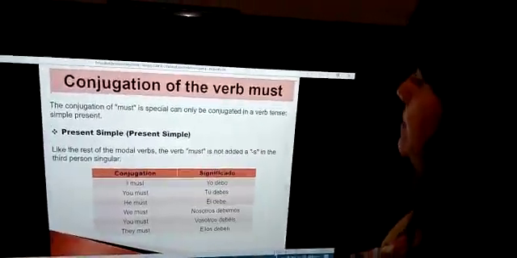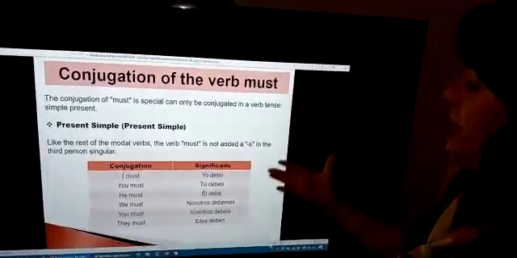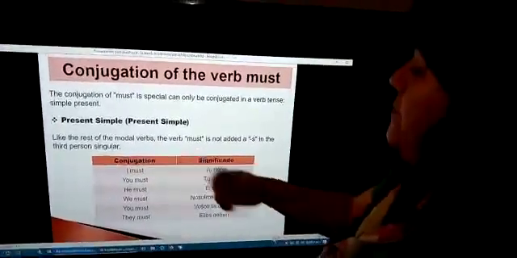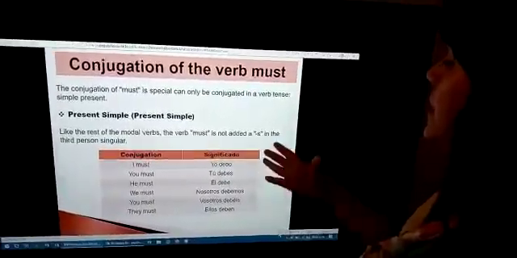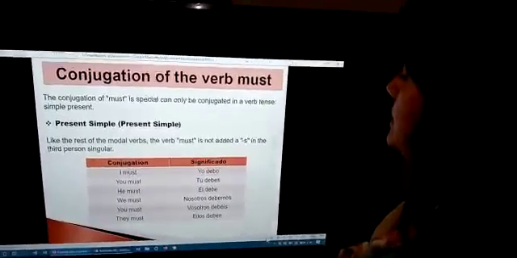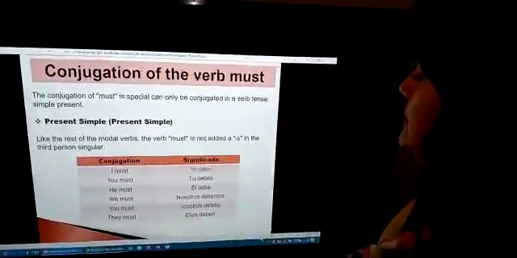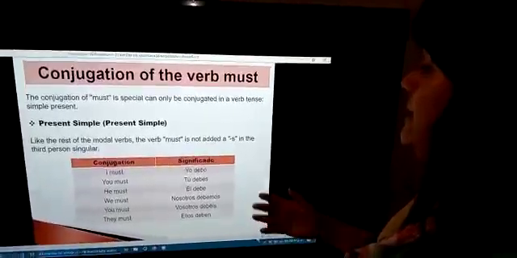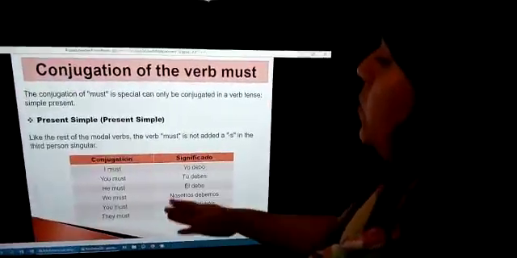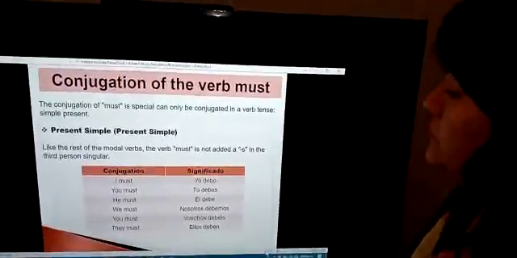This is my conjugation table. In Spanish: I must, yo debo. You must, tú debes. He must, él debe. We must, nosotros debemos.